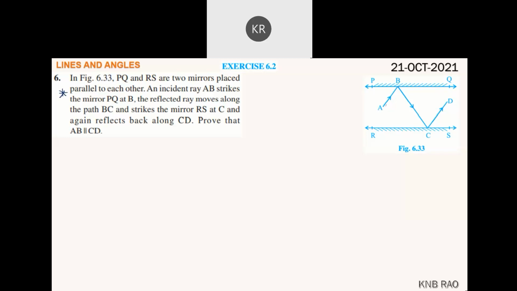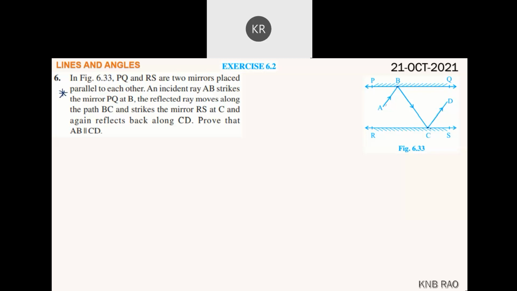An incident ray AB strikes mirror PQ at point B. The reflected ray moves along the path BC, hits the point C of the mirror RS.